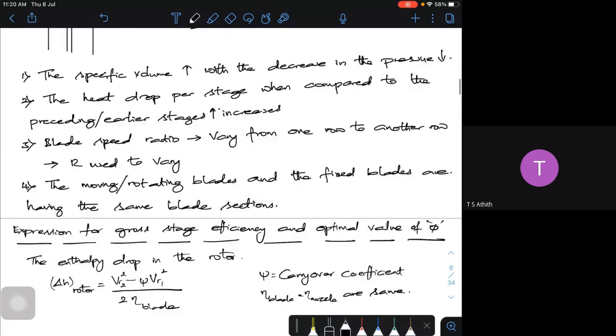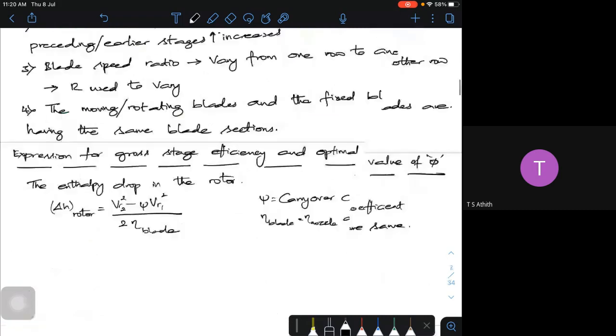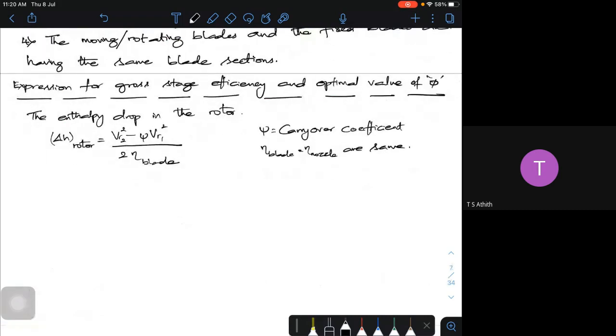Now, if you go back and see here, for the R equal to 0.5 condition, my VR2 is equal to V1.